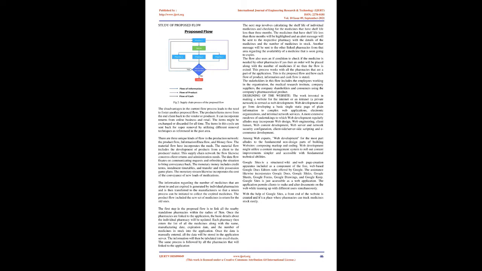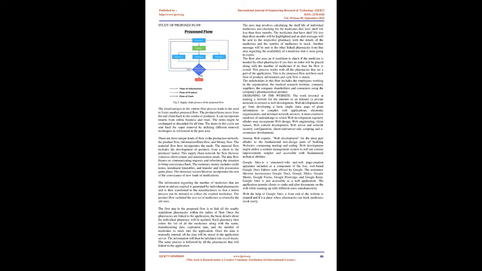There are 3 unique kinds of flow in the supply chain: the product flow, information/data flow, and money flow. The material flow here incorporates the meds. The material flow includes the movement of products from a client to the producer/maker. This supply chain flow likewise concerns client returns and administration needs.